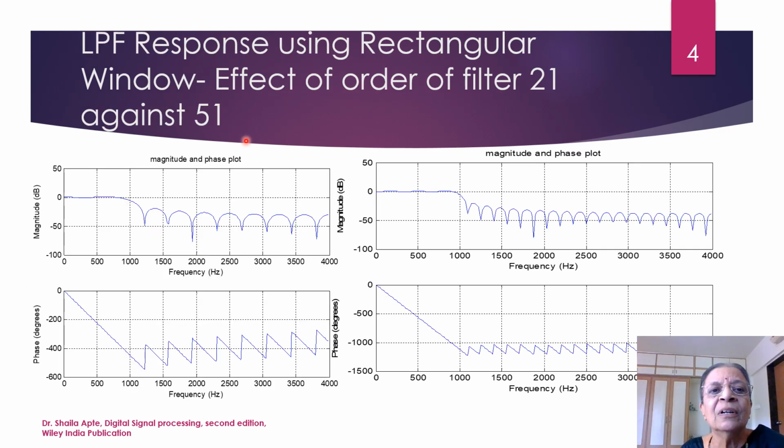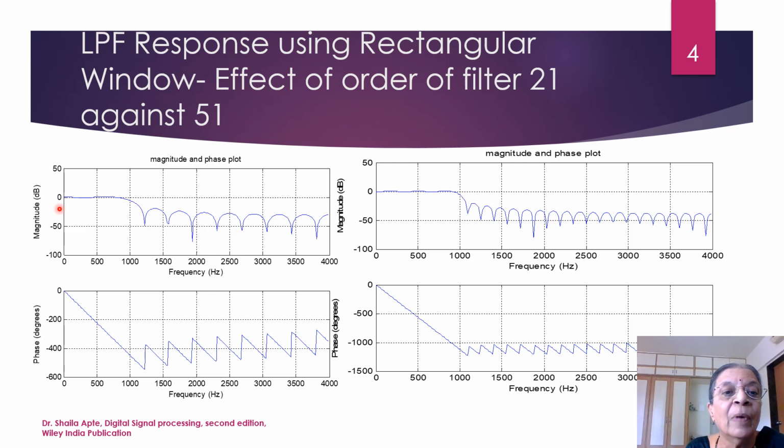Because of this sudden truncation, if you consider the magnitude plot, you will find that the cutoff frequency that we considered was 1000. So here the transition width is not very large. I am getting the cutoff at something like 1200. But the side lobes are large.